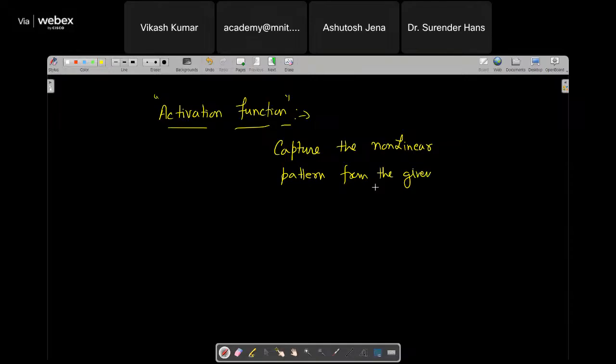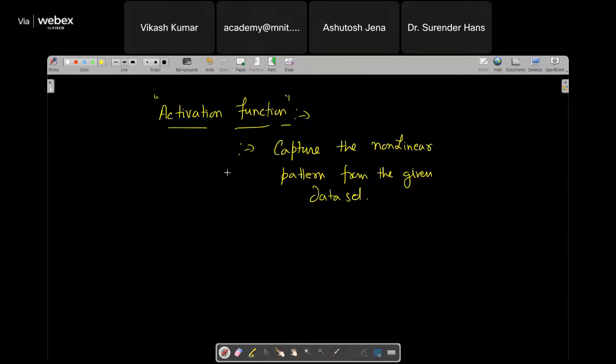If we do not apply the activation function, then our network or model does not capture the non-linearity, otherwise it only handles linear data.